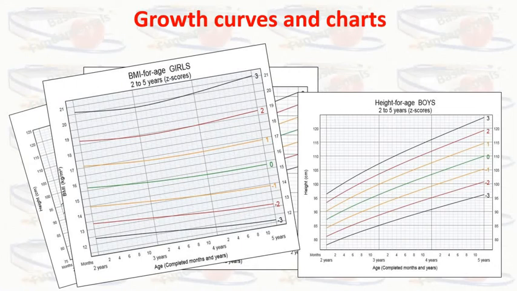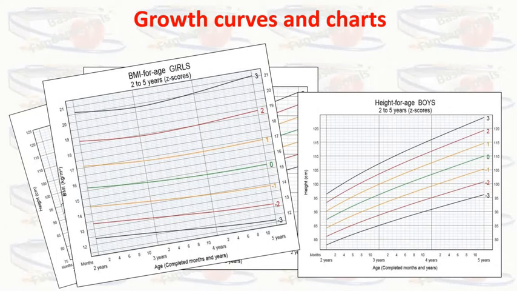The aim of the new growth curves was to provide a single international standard of the best growth patterns for all the children from birth to 5 years of age and to establish the breastfed infants as the normative model for growth and development.